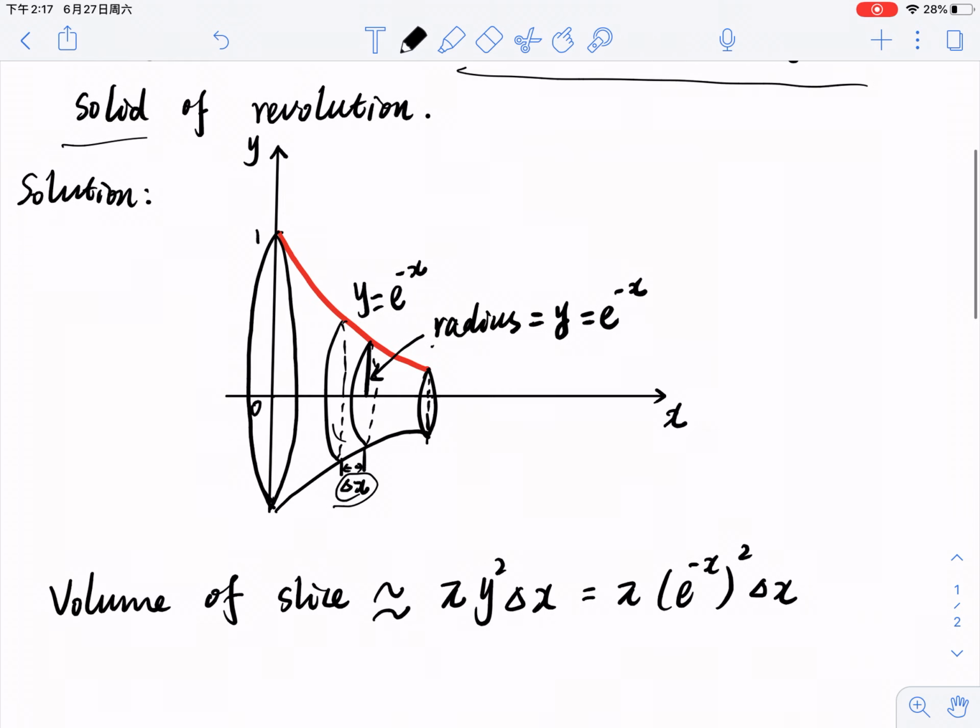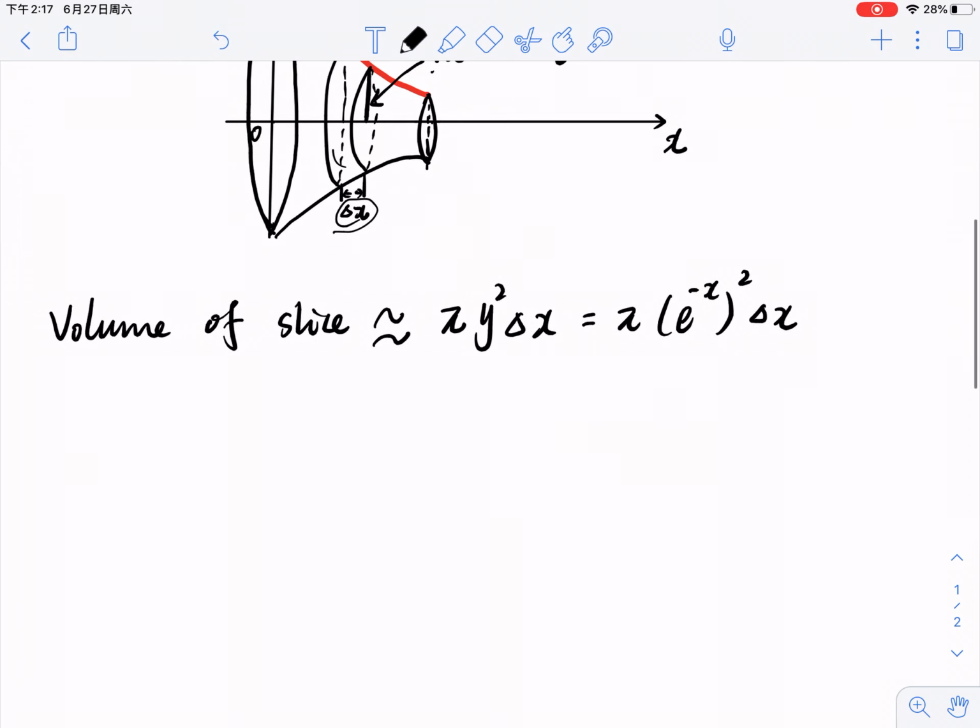The total volume of this solid of revolution is equal to the sum of all the volumes of the slices.